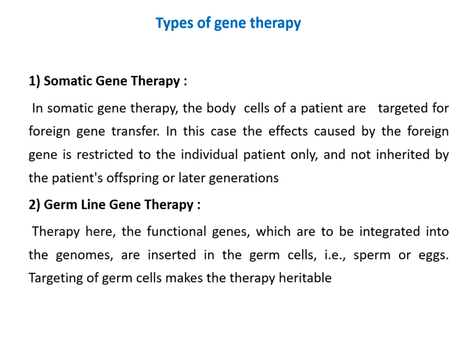So targeting of germ cells makes the therapy inheritable, meaning by giving the therapy to the germ cells or reproductive cells, the therapy is heritable. Okay. So this is about somatic gene therapy and germline gene therapy. These are the two major types which are used to treat the genes.